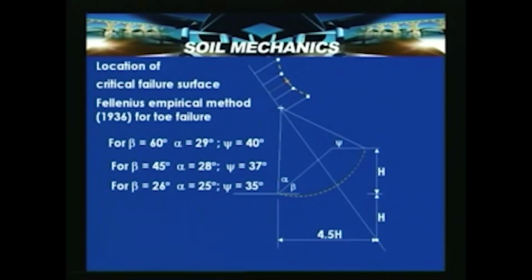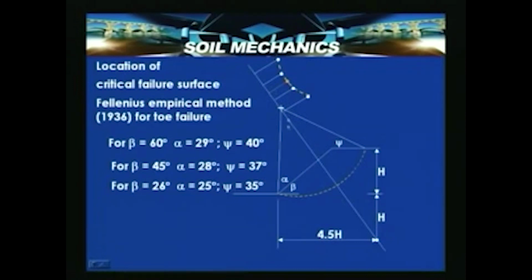In this method, for a given slope cross section, if the slope inclination is beta and h is the height, locate a point at a distance 2h from this particular point, and from this point at 4.5h locate a point here and join this point through this slope.